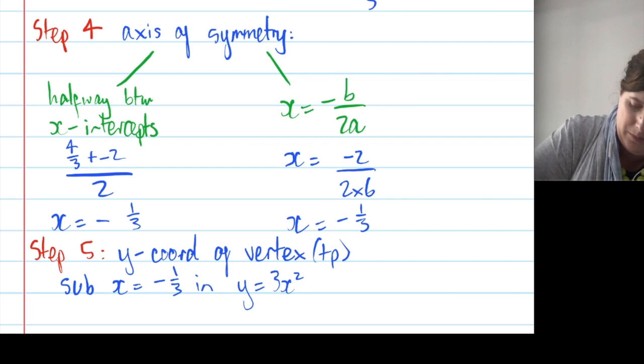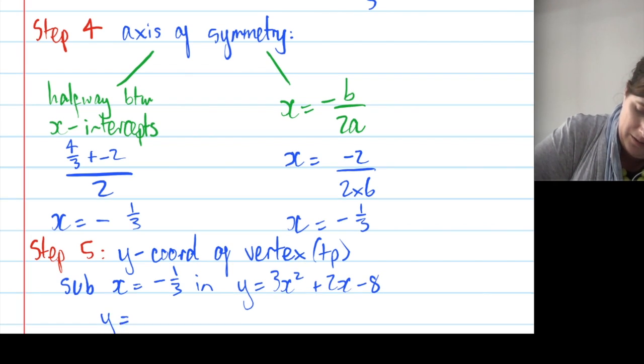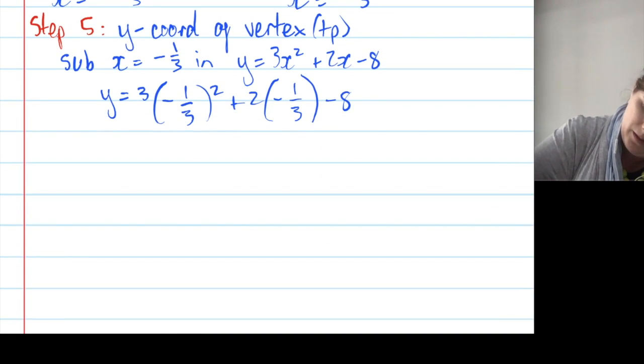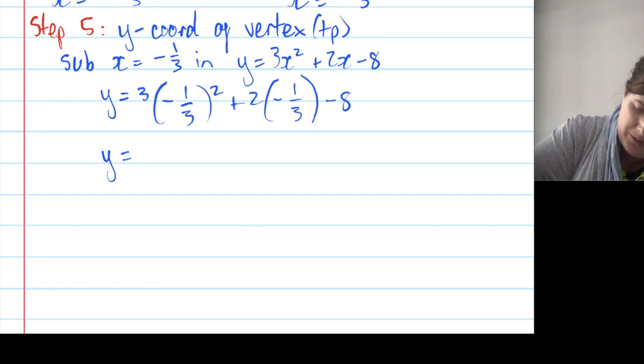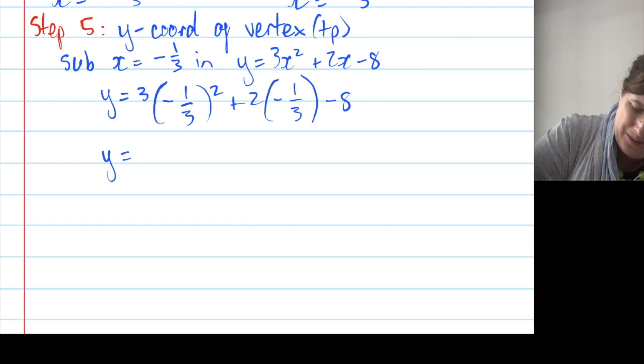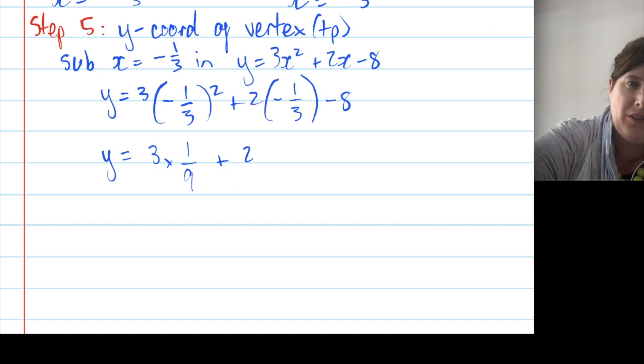3x squared plus 2x take 8. So y equals 3 times -1/3 squared plus 2 times -1/3 take 8. Well, this is not going to be a nice number. You could do that straight in your calculator. I don't have mine. 3 times 1 on 9 plus 2, hang on, that's positive 2 times -1/3.